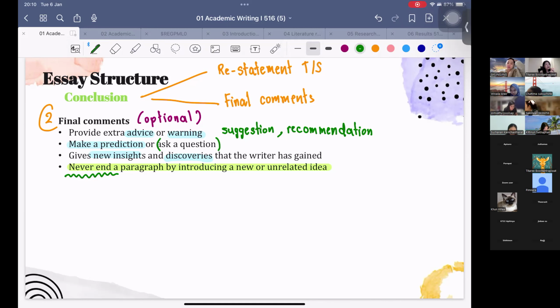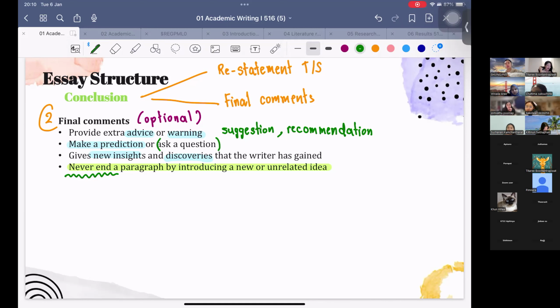Making a prediction is saying, okay, based on this topic, I believe in the future it's going to grow. For topics like technology, you can say that in the future this thing is going to be more advanced, or changed. That is a prediction, making an educated guess, I would say. It is important, right? Things that are possible might happen in the future.